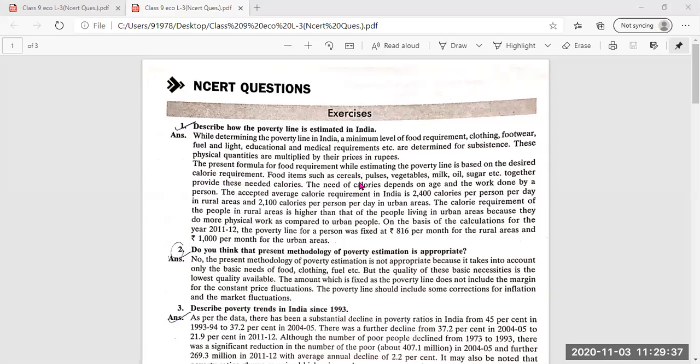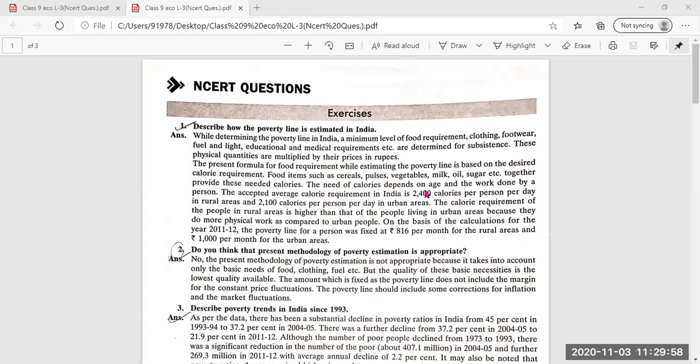Food items such as cereals, pulses, vegetables, milk, oil, sugar, etc. together provide these needed calories. Whatever calories a person requires according to the physical work he or she is doing, the intake of food items should be according to that.